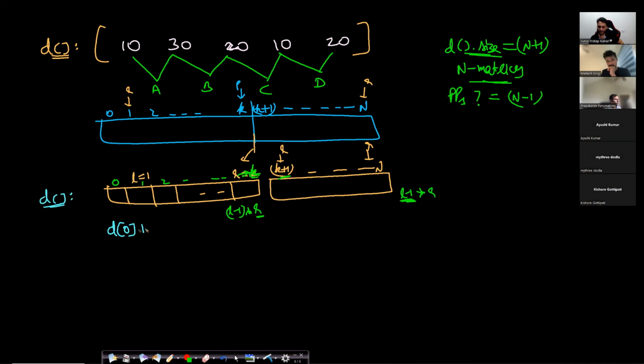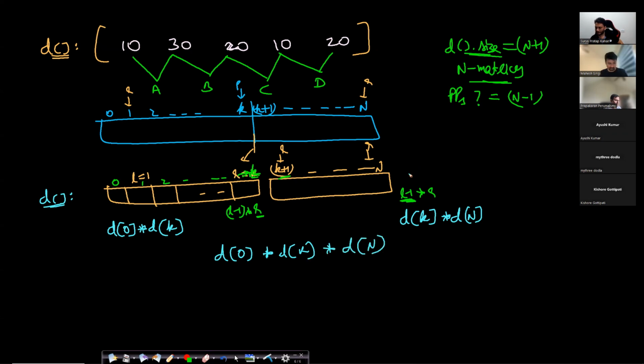D at 0 cross D at K. And this is D at K cross D at N. If you want to calculate the cost of multiplying them together, only multiplying, not forming the sub problems, then it will be D0 into DK into DN, isn't it? Are we clear? So this is just the current cost of multiplication. I didn't say what will be the cost to form this one and the cost to form this one. This I will recursively calculate.